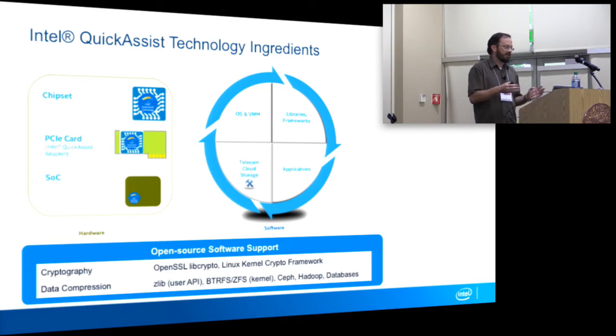Or for compression, there's a patch to zlib where you can just call zlib as you would, and it'll offload to hardware. There's, I think it's BTRFS that's being integrated. Ceph, it's also in Hadoop and a number of databases. There's a way that you can have the database compression go through the hardware acceleration.